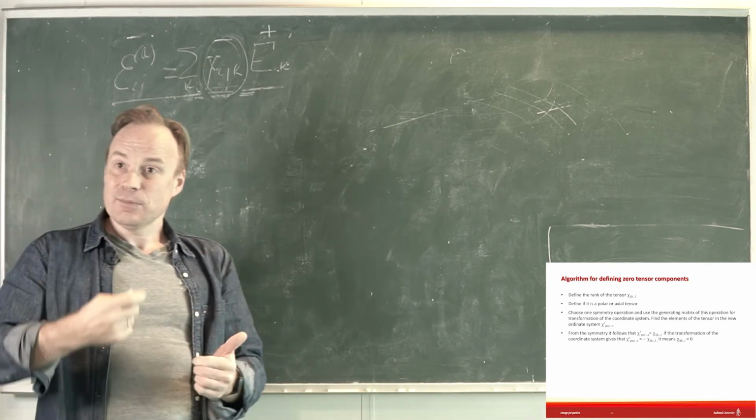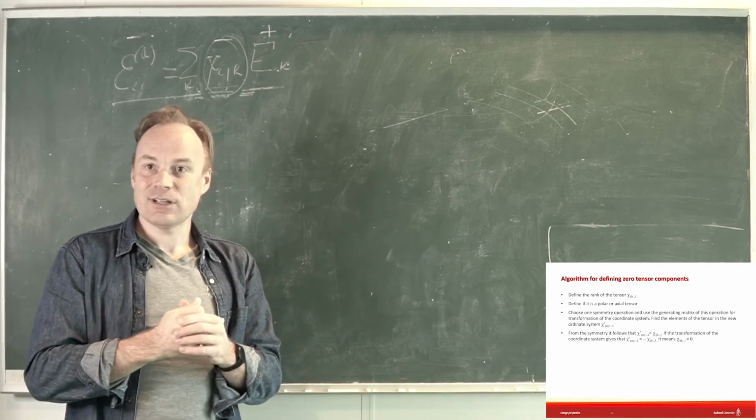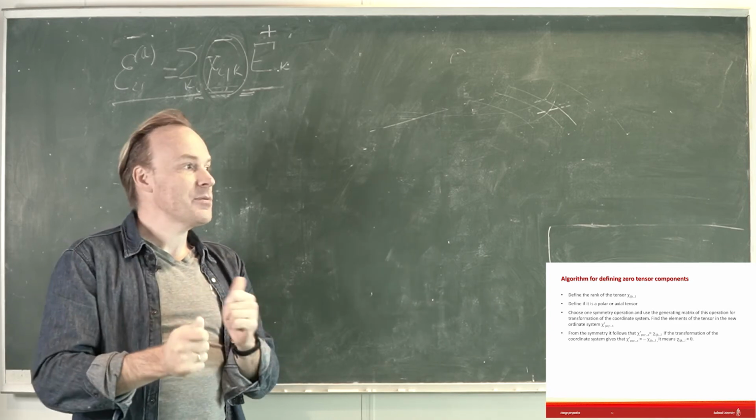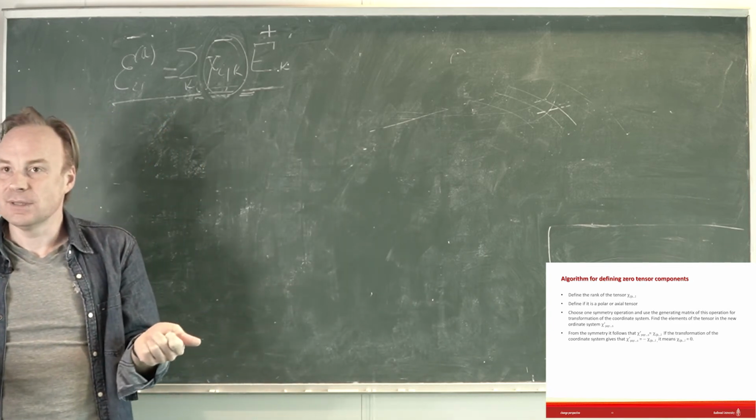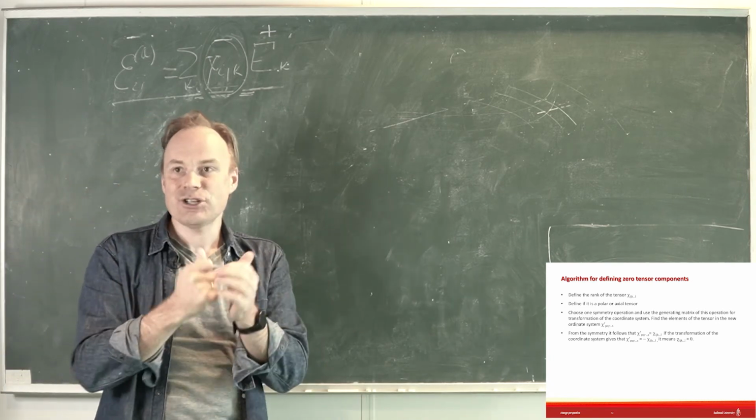If from the symmetry operation, from the change of the coordinate system, it follows that the element in the old coordinate system must be equal to the element in the new coordinate system with inverted sign, at the same time, the definition of the symmetry operation is such that if you perform this symmetry operation, you will find the very same crystal. So logic tells us that the elements of the tensor shouldn't change sign.